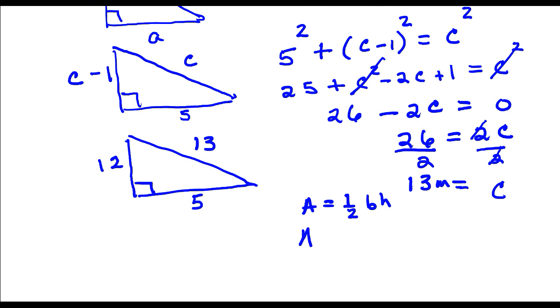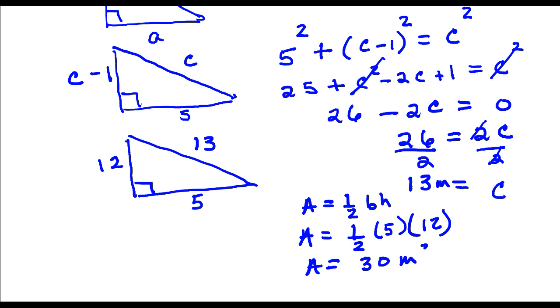So in our case, the area is 1/2 the base, 5 meters, times the height, 12 meters. 1/2 times 5 times 12, that's 60 divided by 2, that's 30 square meters. And that's the area.